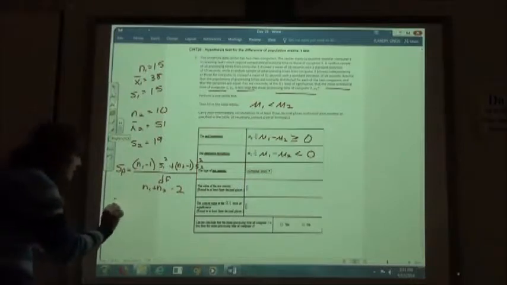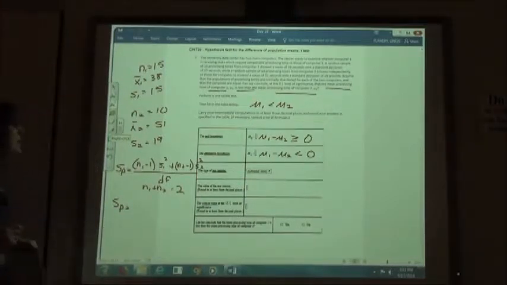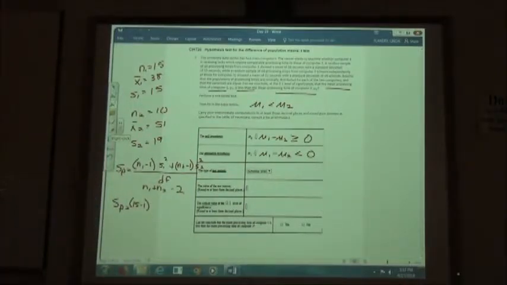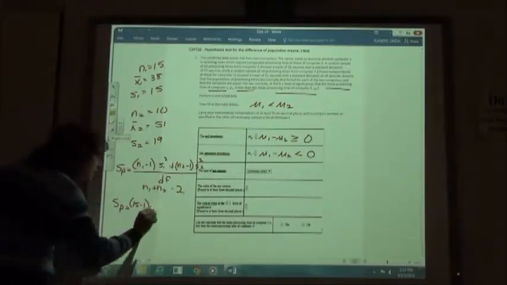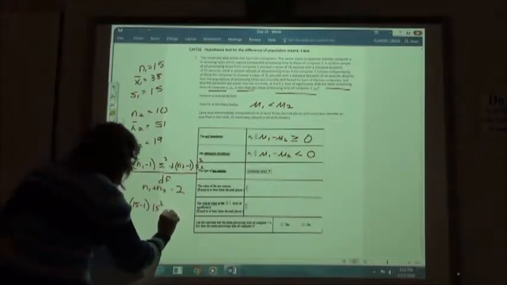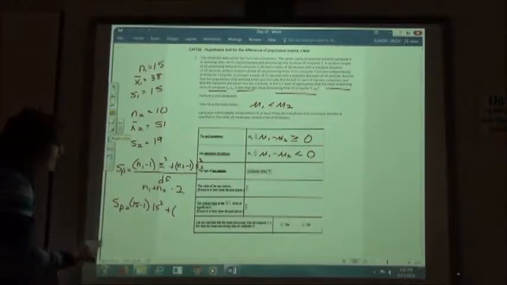So when I find SP, N1 is 15. So I'm going to have 15 minus 1 times my standard deviation squared. My standard deviation is 15, so 15 squared. I got too many 15s in this problem. Plus N2 was 10.